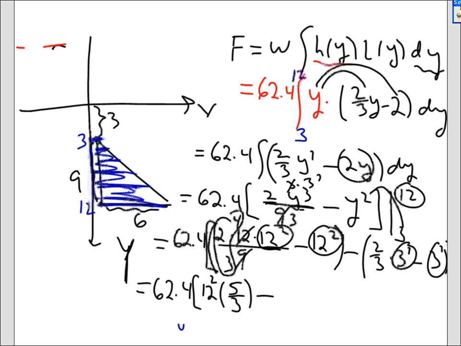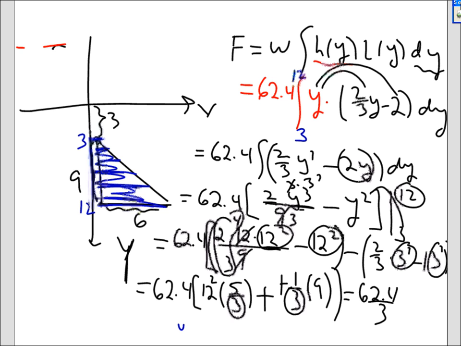You have 2/3, 3 squares, you're taking away 1. 2/3 minus 1 is negative 1/3. Negative 1/3 times 3 squared, or 9. This, of course, becomes plus. Everything is over 3.